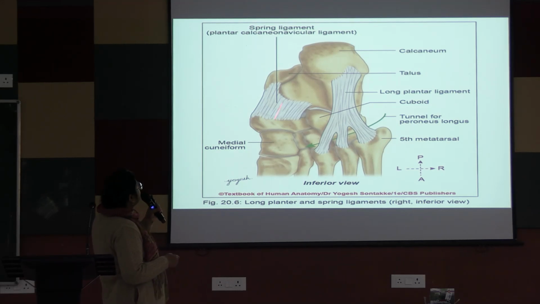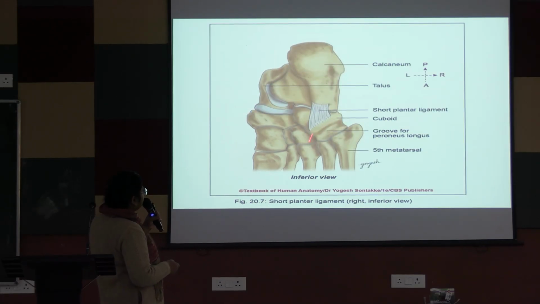This is the spring ligament or plantar calcaneonavicular ligament, connecting the sustentaculum tali of the calcaneum with the navicular. This is the short plantar ligament connecting the anterior part of the calcaneum with the cuboid. Through this groove passes the tendon of peroneus longus, and here is the talocalcaneonavicular joint.